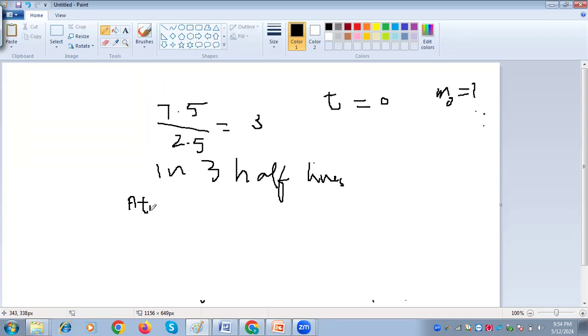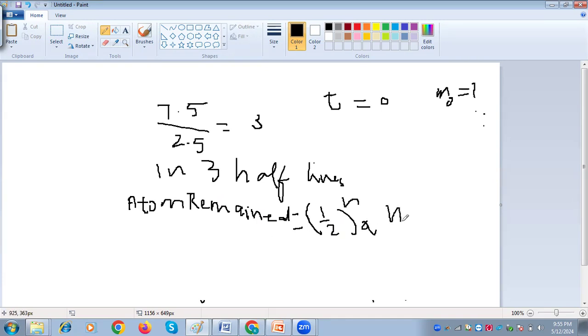Atom remained is equal to, this formula was just given for the other question also. That is half raised to the power n, into number of atoms or mass initially present.